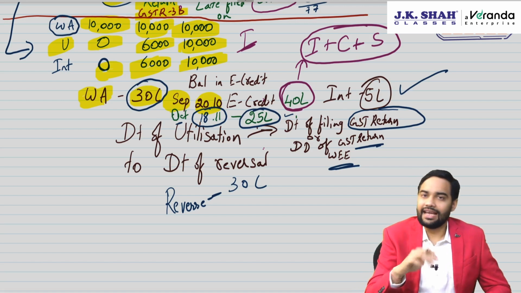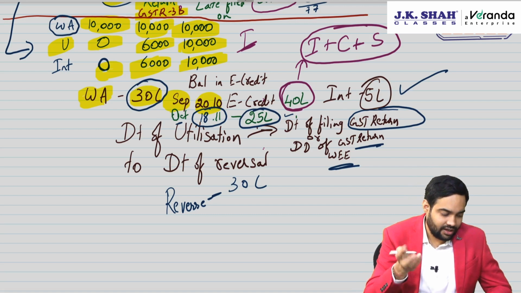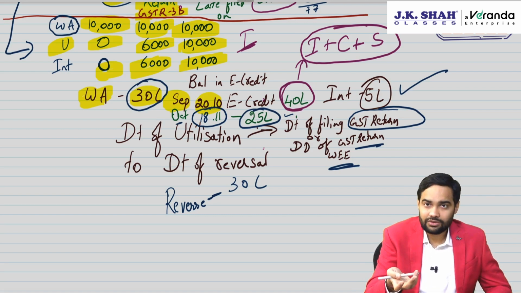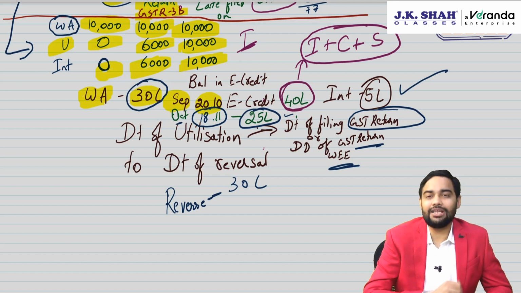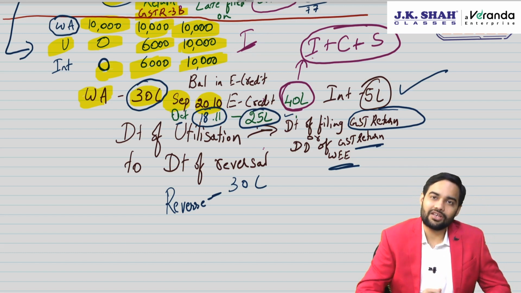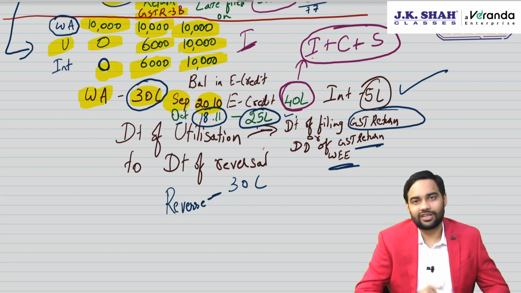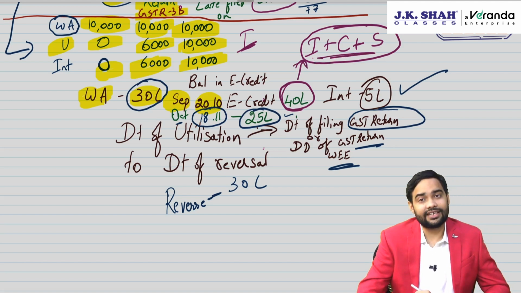Because see, I will get utilized first. The law clearly says I has to be used first. Now, as the law says I has to be used first, even if I say I have not used I, no one will believe me, because I would have already been utilized first. The portal will not allow me to do anything else, and the law does not allow me to do anything else. That's why this balance in e-credit has to be checked, all three taken together and not alone.